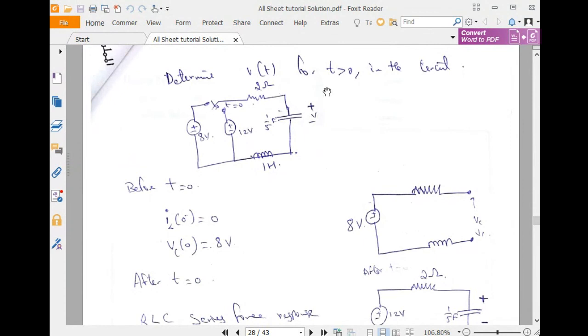Determine the value of V of t for t greater than 0. We have here RLC.